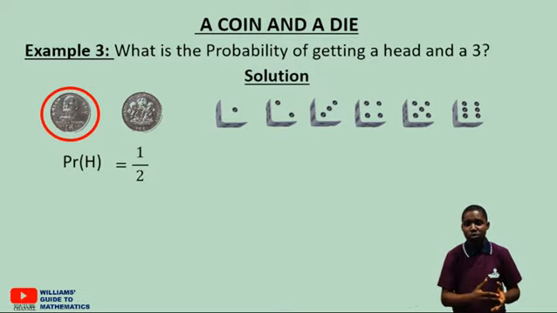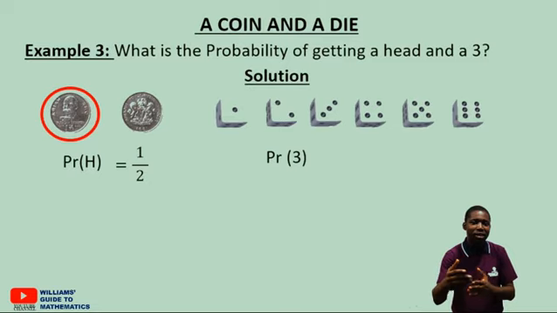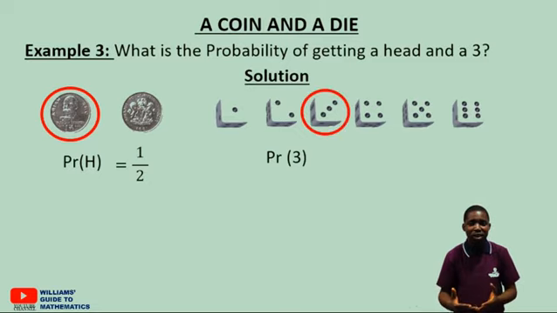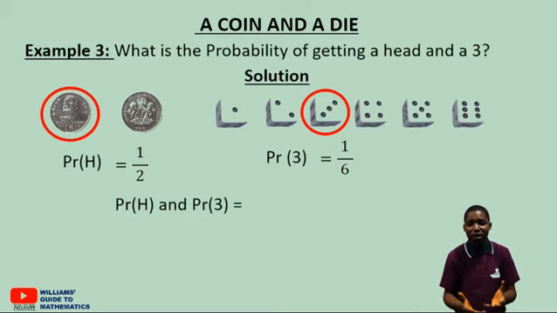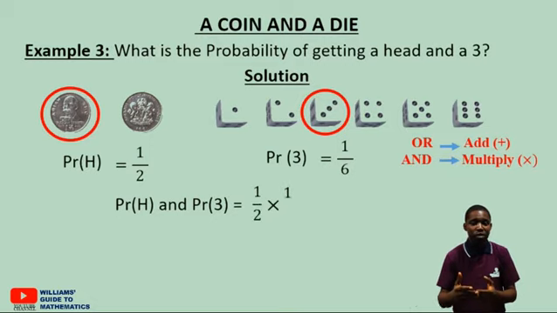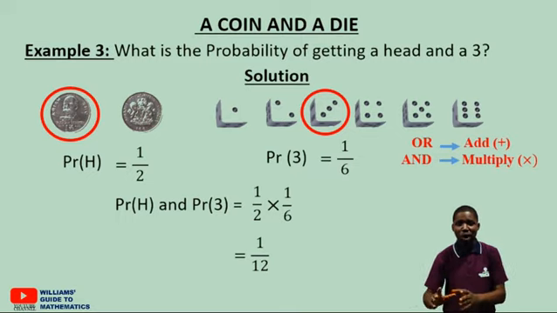Then the probability of getting a 3, we have one 3 in a die, that is 1 over 6. And remember, I told you, when you talk about "and" in probability, we multiply. So 1 over 2 times 1 over 6 will give us 1 over 12.